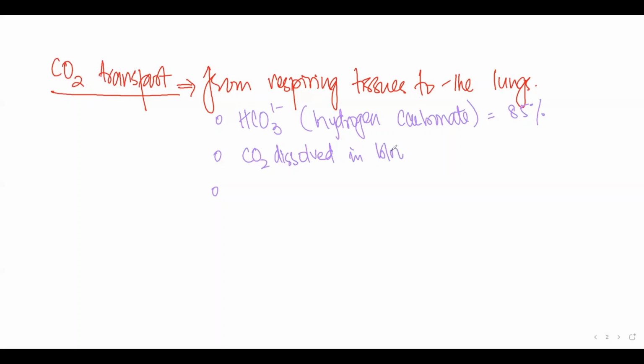HCO3 gets dissolved in plasma and then it's transported to the lungs. But some, say 10%, for example, 10% CO2 is carried as such, as CO2. And then just 5% CO2 is carried bound to HB.